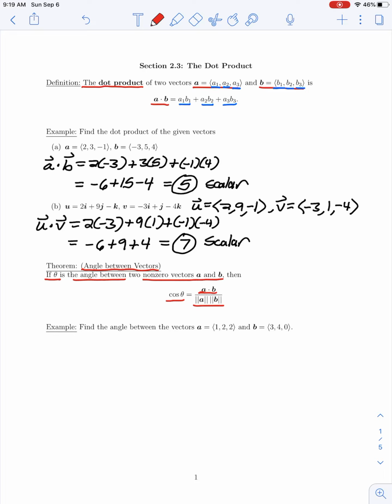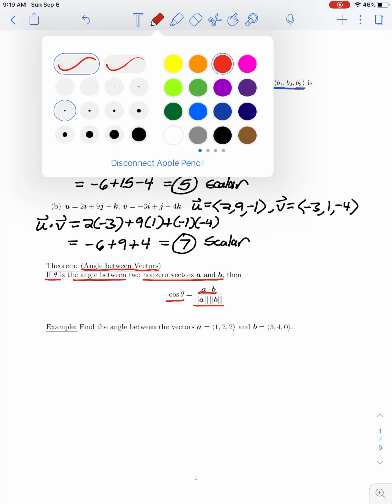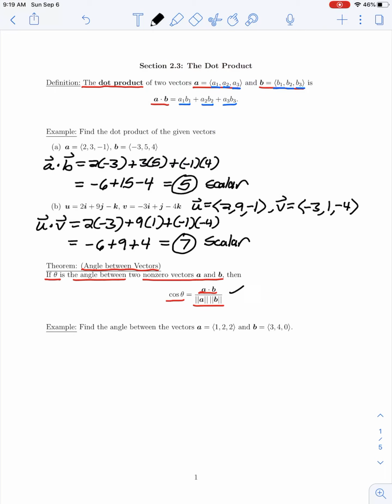Now this theorem, or the formula given in this theorem, also immediately implies that the dot product A dot B of two vectors could be calculated as the magnitude of A times the magnitude of B times cosine of the angle between those vectors.